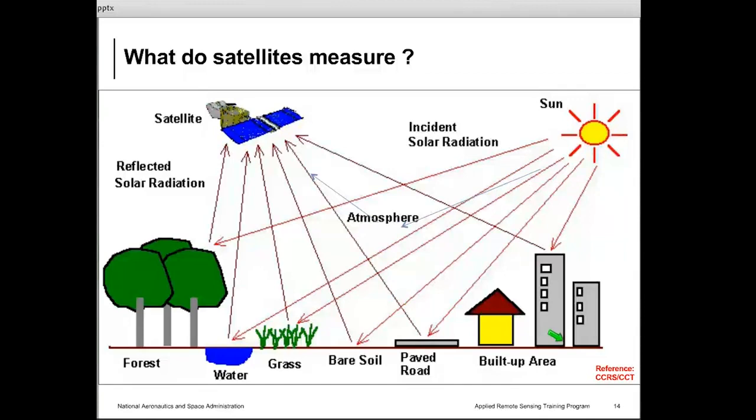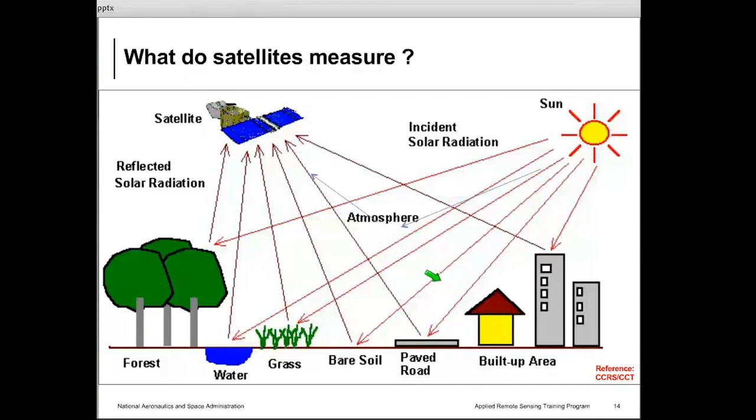It also interacts with the objects located on the surface. Whether it's vegetation, water bodies, bare soil, built-up areas, buildings, parks, everything located on the surface, the incoming solar radiation interacts with it.